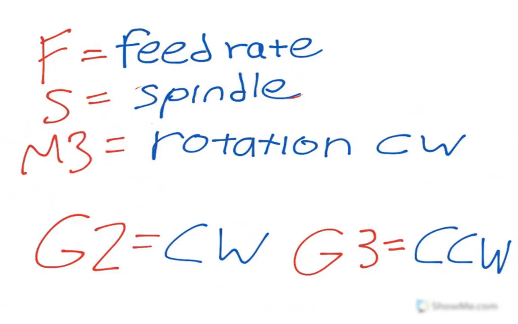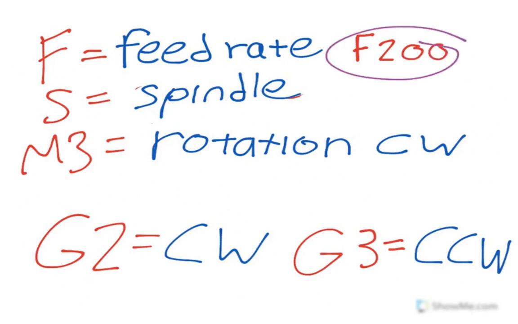Some other things we need to set are the feed rate, the spindle, and the rotation. We can do this with an F, an S, and an M3 code. The F is going to be followed by a few numbers, such as an F200 that we're going to be using. The spindle speed we're going to be setting to 2,500.